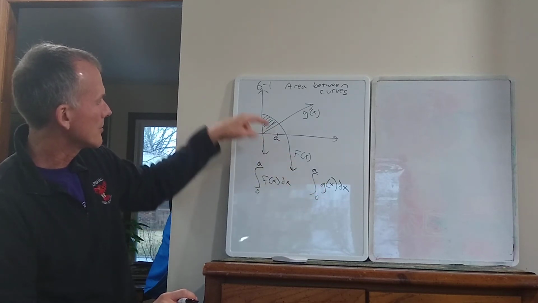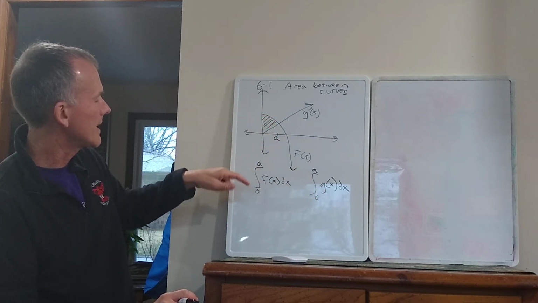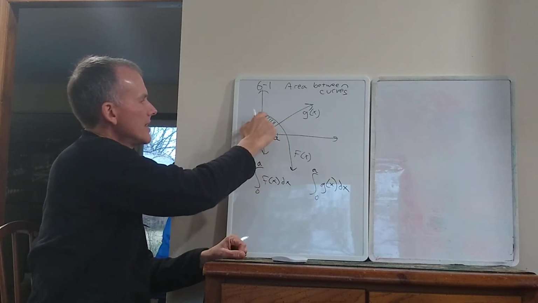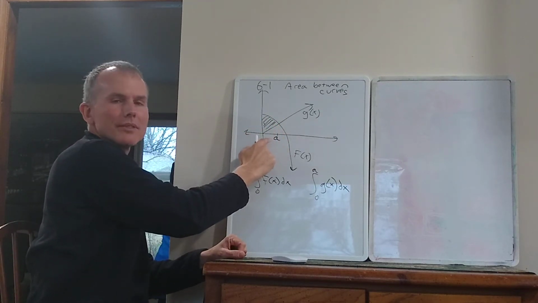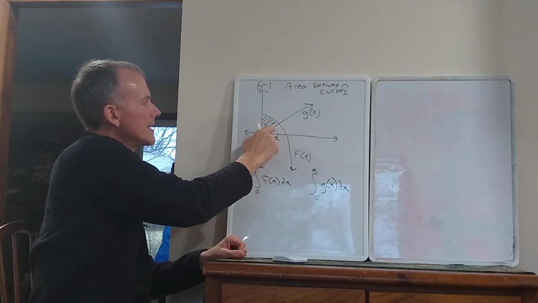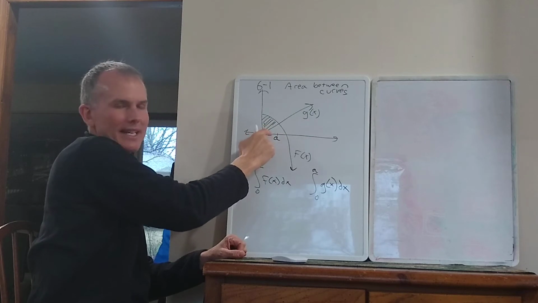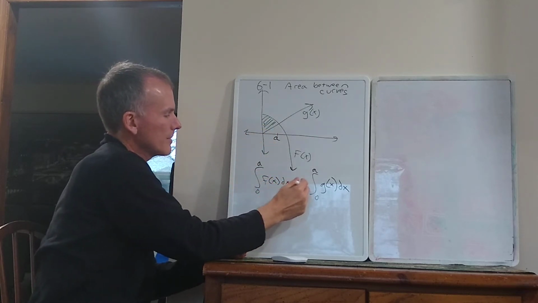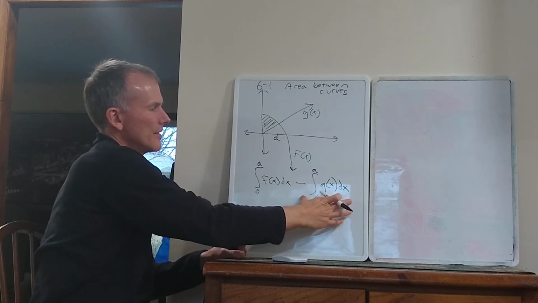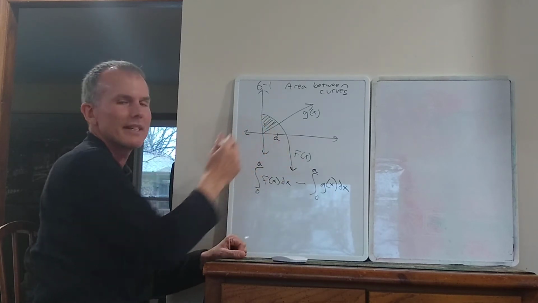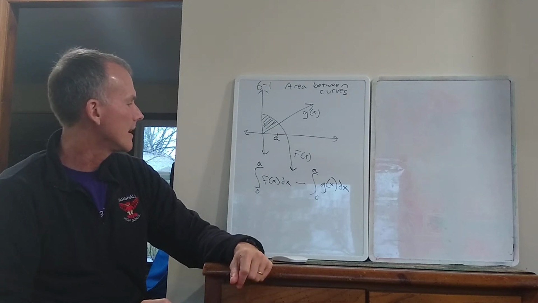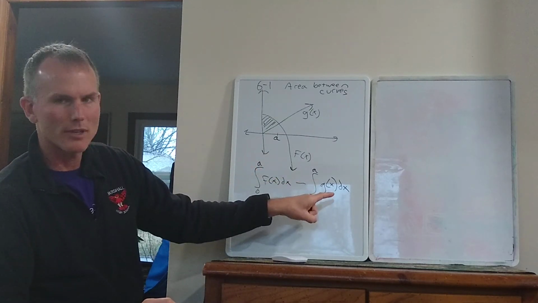Here's the area between the curve g of x from 0 to a. What I really need to do is take that entire area under the curve f of x, and then subtract away the area that's between g of x and the x-axis. So I'm simply going to take this area minus this area, which should give me the area of the shaded region.